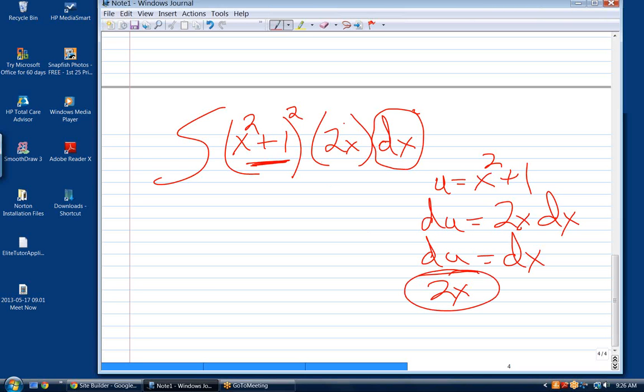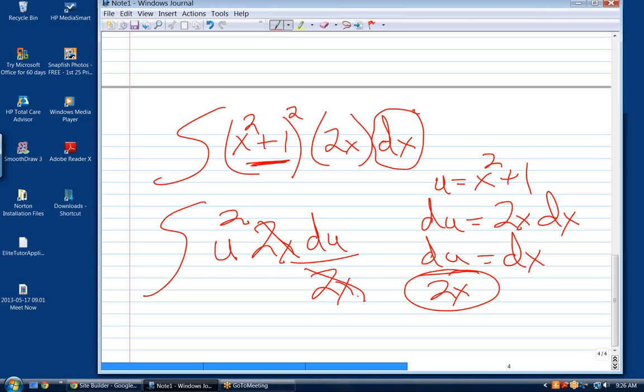If I have something in the numerator that's going to cancel that out, then I can turn this into a perfect integral of u squared times 2x. When I substitute for dx, I put du over 2x. The x's cancel out. Now I have an integral that I can integrate.